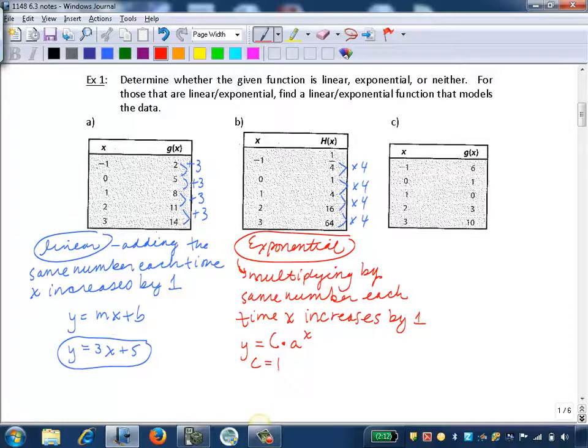And then our base, the a value, the base of the exponent is the growth factor, the factor by which the h of x values are growing as x increases by 1, and we can see that that's 4. So our a value is 4. So we can fill in then our function is y equals 1 times 4 to the x, which is just 4 to the x. So the equation of our exponential function here is 4 to the x.